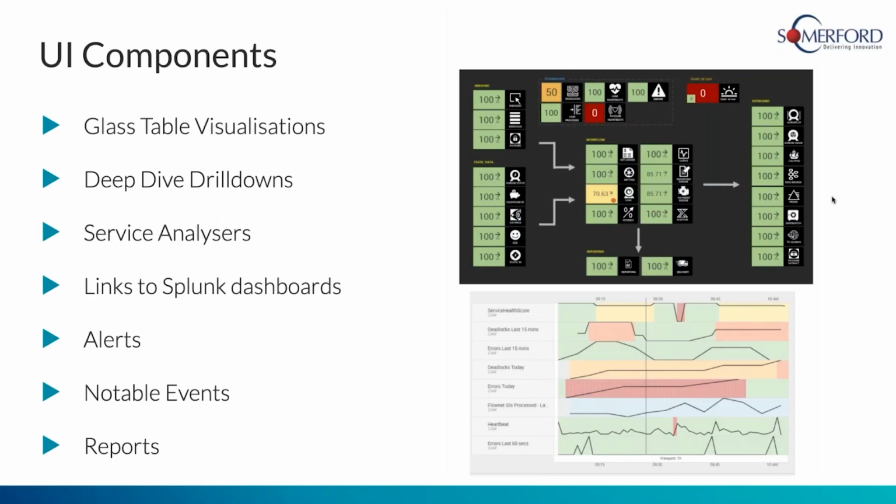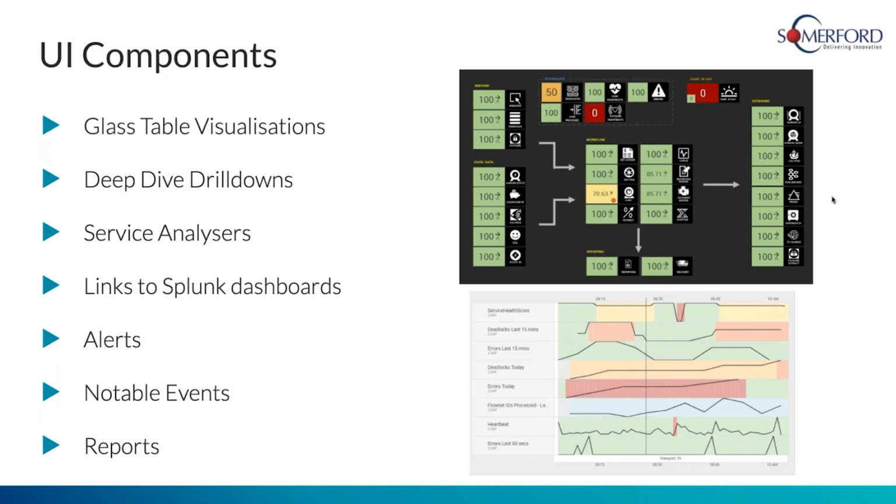Okay, so thinking now about the specific tools that we have at our fingertips with ITSI. These are the sorts of UI components we can use. You can see on the right here, we have a picture of a glass table, and a deep dive below it with its swim lanes, which I'll come to. So I'm going to be doing a demo of all this in a minute. Service analyzers, a high-level view of the state of play of everything in one place.